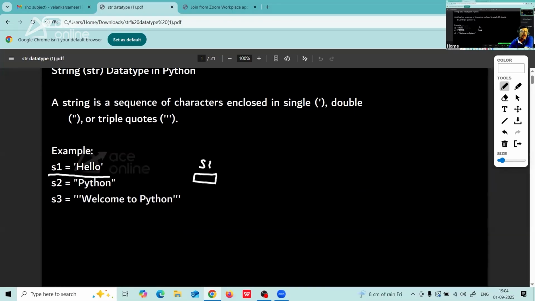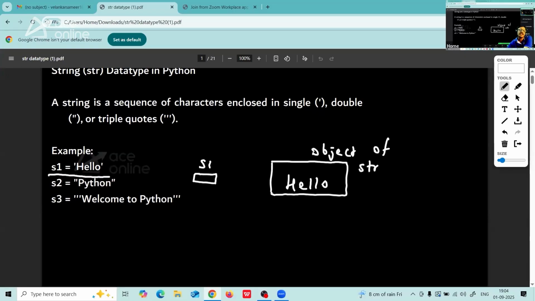So S1 doesn't store hello. S1 is a reference, and that word hello is stored in an object. The word hello is stored in the object. This object is object of which class? Object of str class. Okay. And then this S1 is a reference which refers to this object.